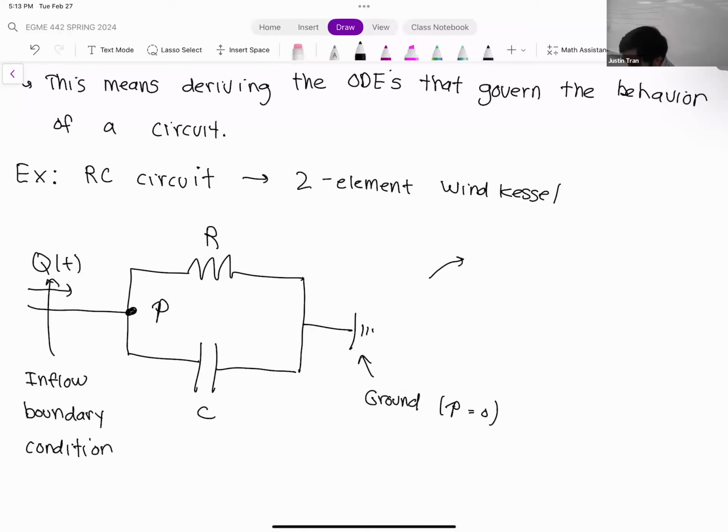Just to refresh your memory on basic circuits, if 2 points are connected by a simple wire, we're going to assume that they have the same voltage, or in our case, the same pressure.